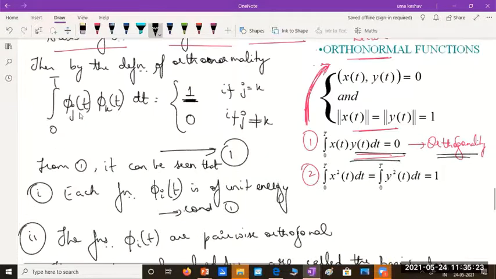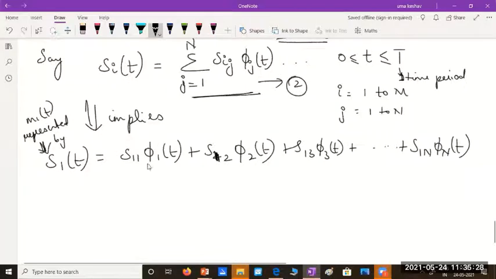The first equation tells us what orthonormality is, and we have written every finite energy signal representing a given message M1 as a linear equation containing coefficients combined with orthonormal basis functions. Whenever I have a plus like this, it is a linear equation, right? Similarly, S2 represents M2.